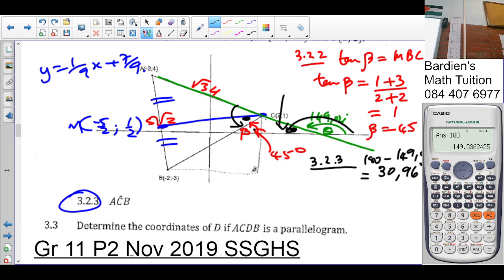Okay, so that's 30,96 degrees. Then we know that the exterior angle is equal to the sum of the two interior opposites. Not so. So therefore, ACB is equal to 30,96 plus 45 degrees. That gives us 75,96 degrees. Okay.